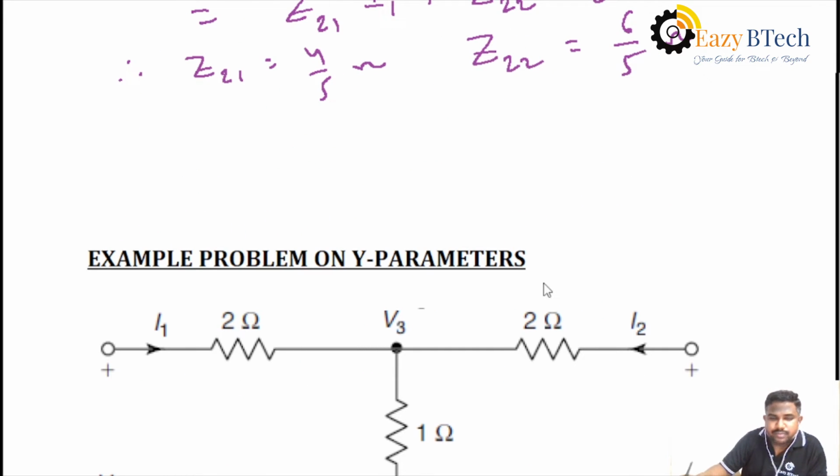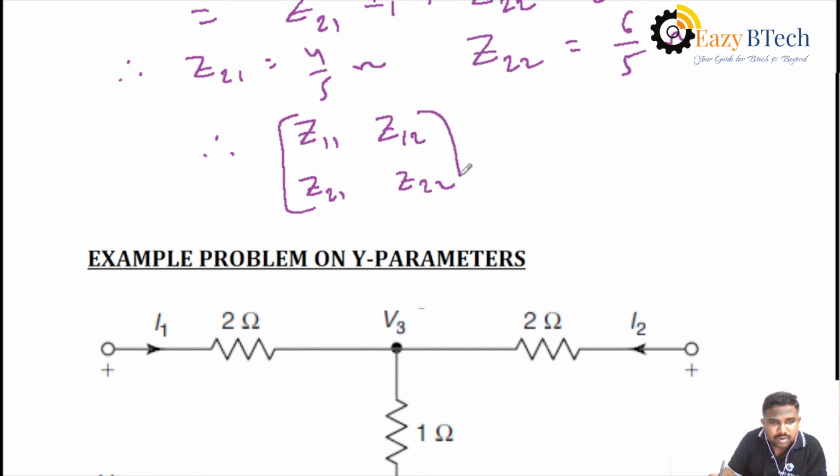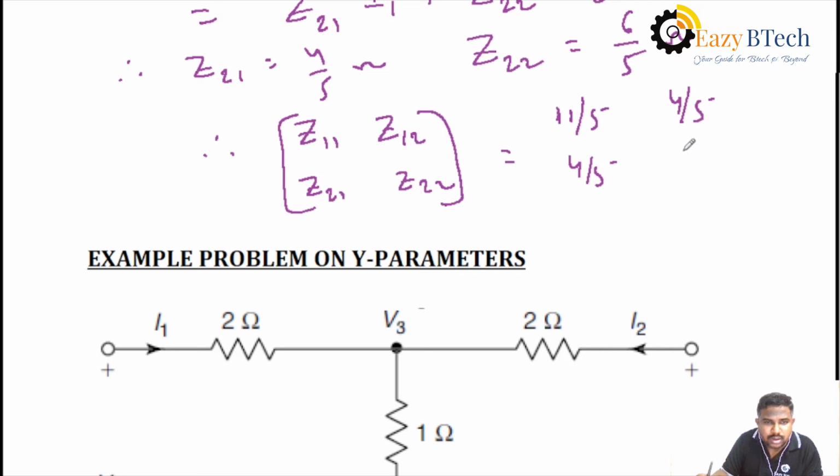Therefore, remember in Z parameters, after finding the 4 parameters, you have to mention them compulsorily in matrix form. That is, what is the value of Z11? That is 11 by 5, and Z12 4 by 5, and Z21 4 by 5, and Z22 6 by 5.